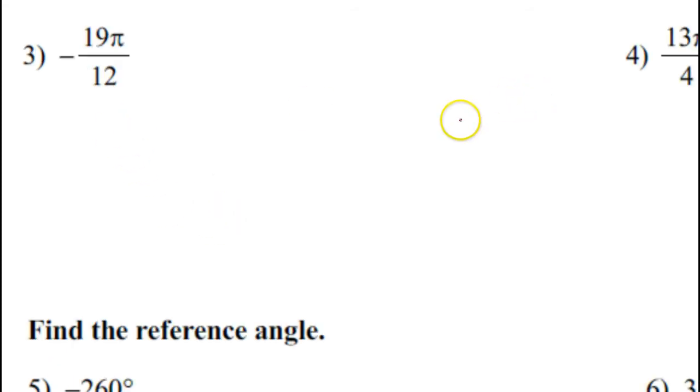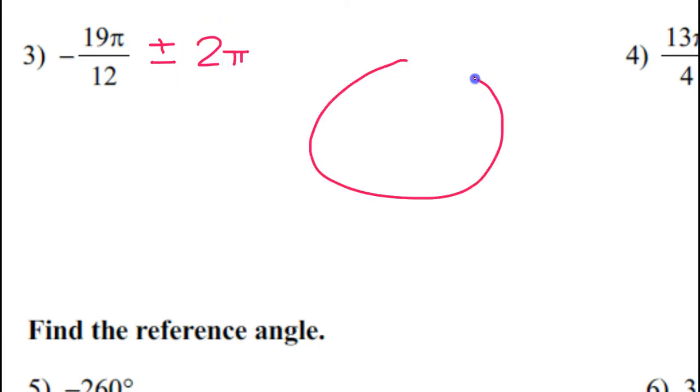Okay, for number 3 and 4, we are going to do the same thing, but in radians. So instead of adding and subtracting 360 degrees, we are going to add and subtract 2 pi, because 2 pi represents moving all the way around the circle, just like 360 degrees. But if you're adding and subtracting and you're dealing with fractions, you really need like denominators.